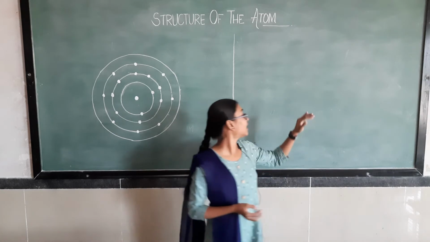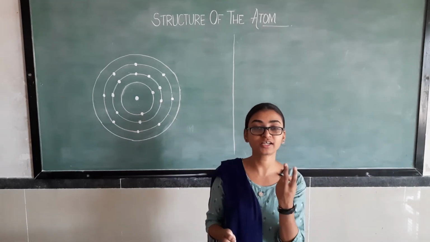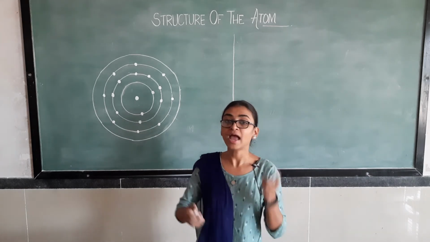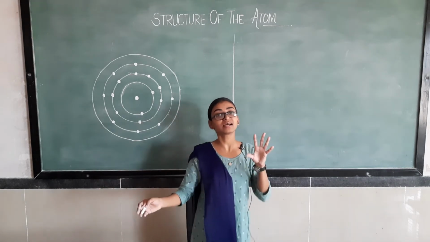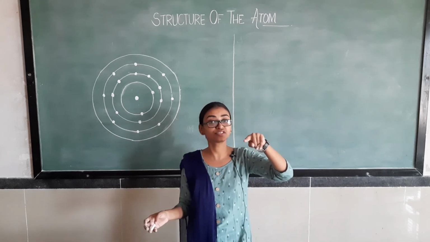In helium, the maximum number of electrons that can be present in the K shell is 2 only, and helium has that. Neon has 8 electrons in its L shell, which is also stable.